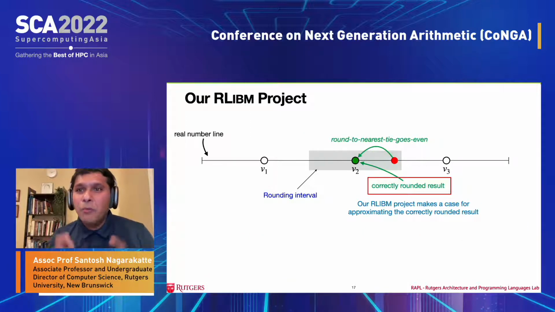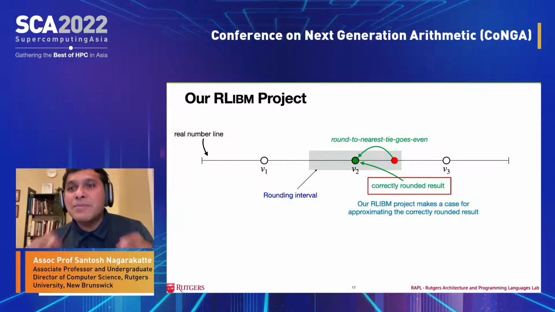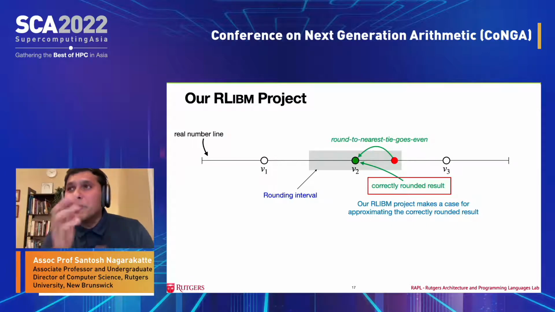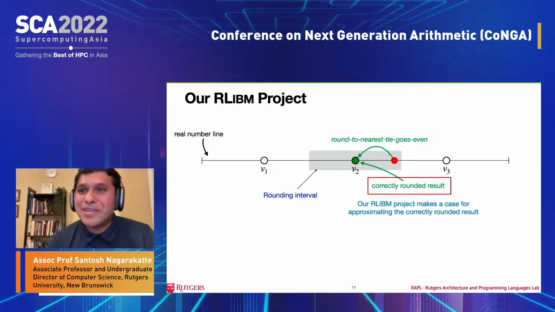Okay, so once you decide to approximate the correctly rounded result, there is an interval of real values around the correctly rounded result. If you produce any real value in this interval, it rounds to the correctly rounded result. This is the maximum amount of freedom that you have for your polynomial to produce the correctly rounded result.